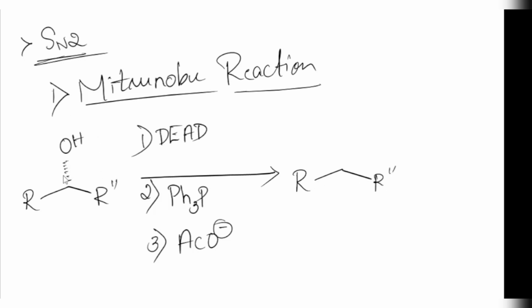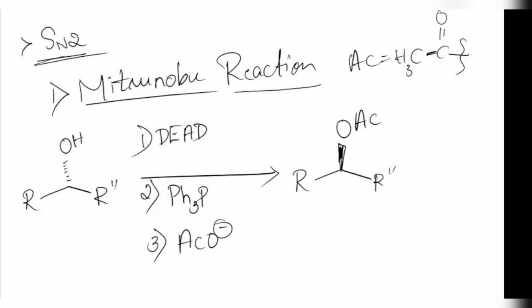Here I have shown a dash bond, here I have to show a wedge, with O and Ac there. Ac corresponds to CH3 C double bond O like this. This group is called Ac in short form.